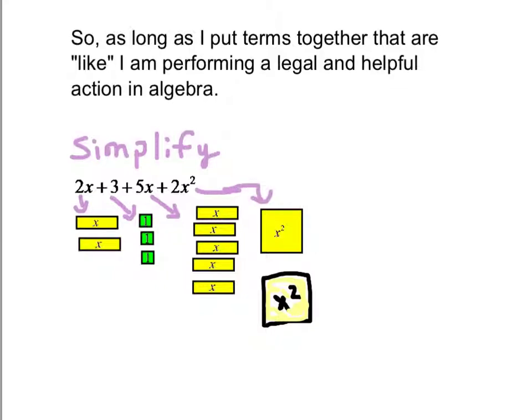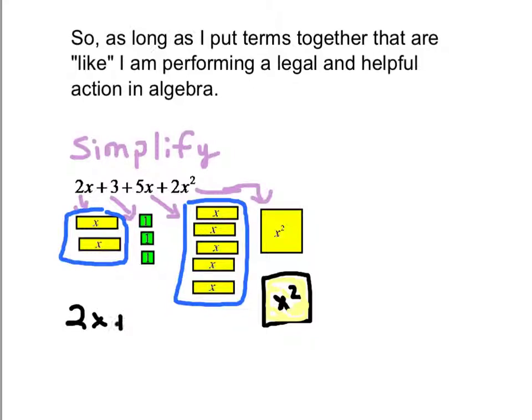And so visually it's pretty obvious what goes together here. I can put together these two x's with these 5 x's, but otherwise I can't put together ones. I can't put together these ones with these x squareds, nor can I put together these x's with the x squareds because they're non-like terms. So basically what's going on here is I'm rearranging this expression to put my like terms together, but I don't have to actually do this when I'm doing the homework.